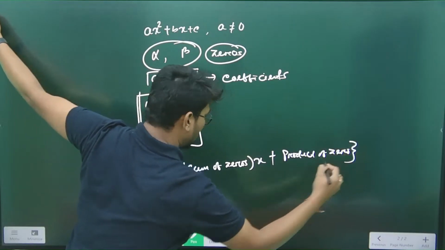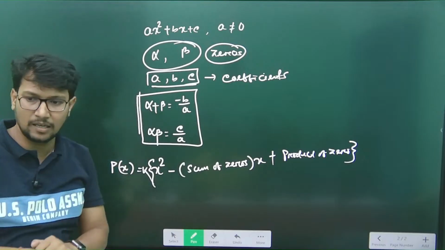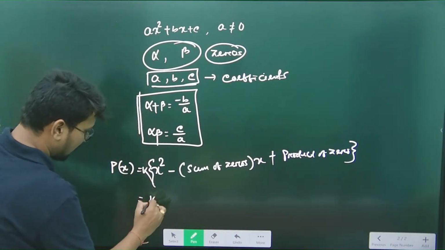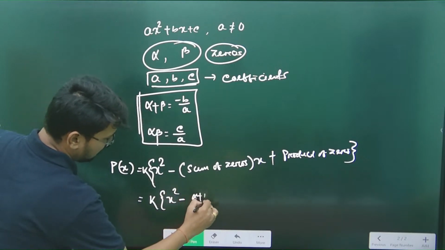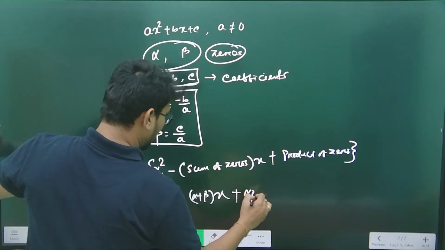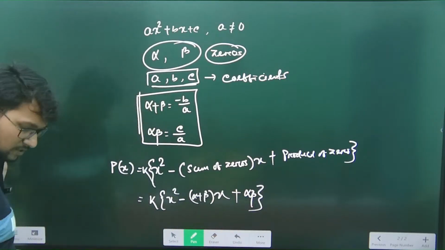And also you can multiply any constant. So you can write k into x square minus alpha plus beta into x plus alpha into beta. Is that clear, everyone? This is the concept.